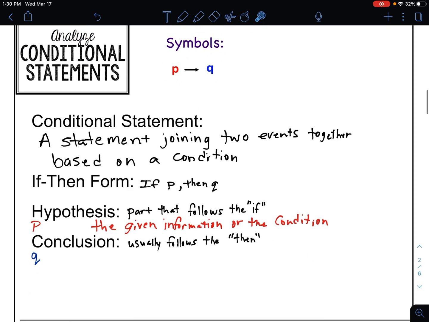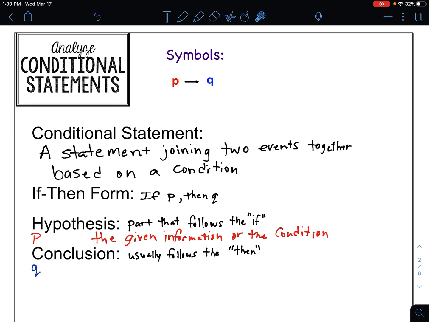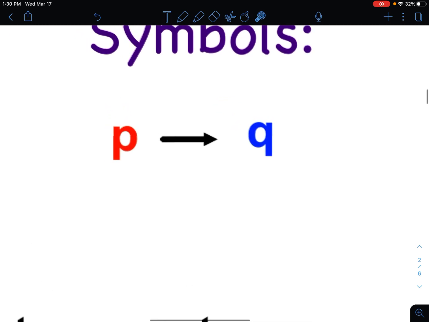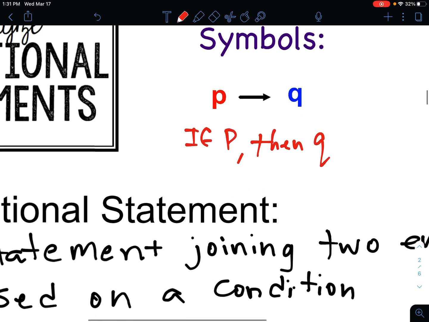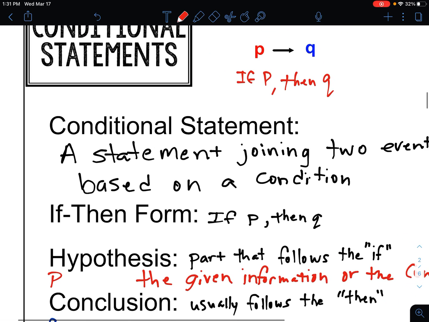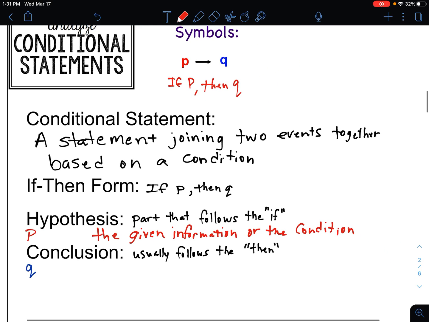So here's what we know. We're going to use these symbols P and Q. Why P and Q? I have no clue, but they're the symbols we're going to use. So this right here means if P, then Q. A conditional statement is a statement joining two events together based on a condition.